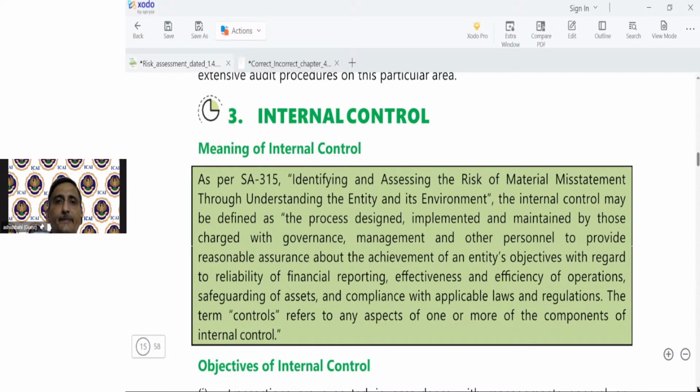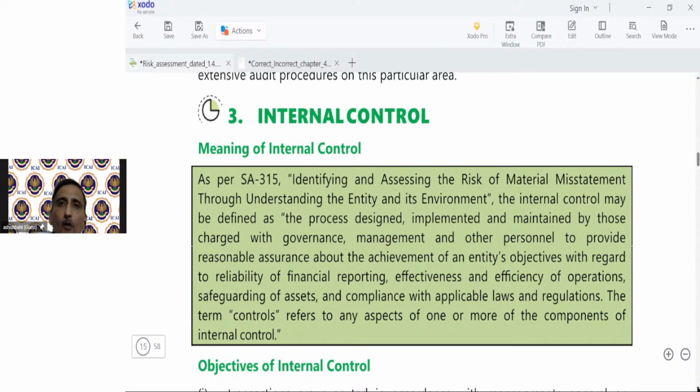Okay. So guys, internal control. Now we have been studying this term broadly from chapter 1. From chapter 1, we have been studying that internal control is a system devised by the management to carry on its business in a proper way.